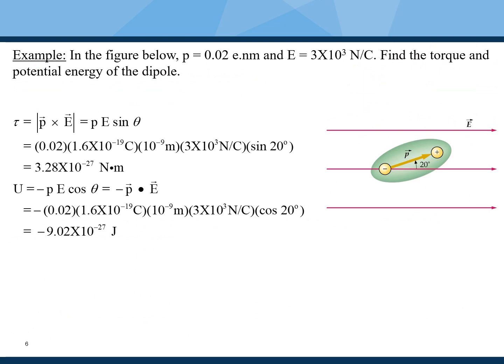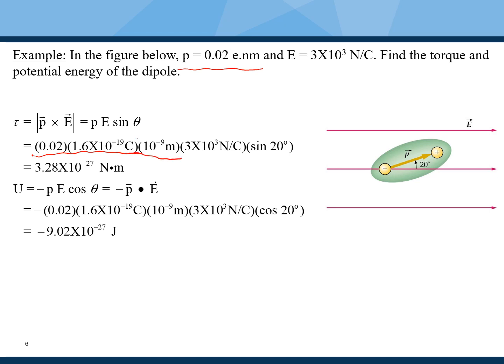So now you can see the solved problem, which is a very simple solved problem. It says that the dipole moment is 0.02 electrons times nanometers, which can be translated into 0.02 times 1.6 times 10 raised to minus 19 coulombs times 10 raised to minus 9 meters.